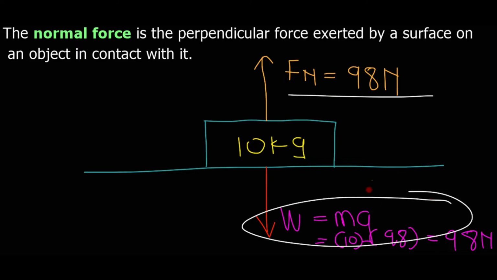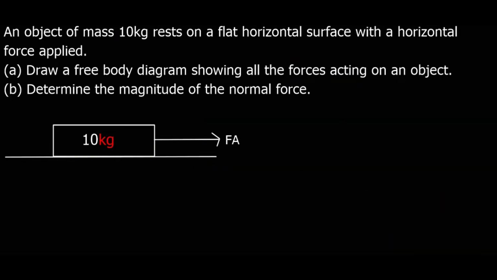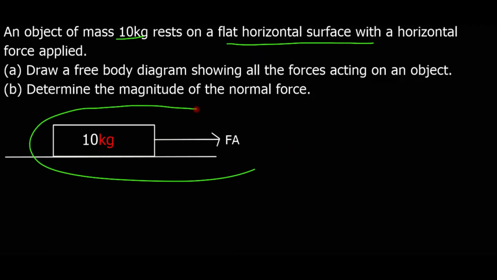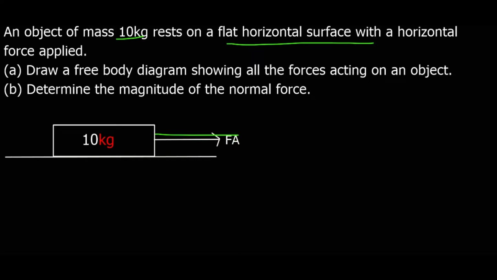Let's look at this example question: an object of mass 10 kilograms rests on a flat horizontal surface with a horizontal force applied. So an object is on the horizontal surface, it has a mass of 10 kilograms, and we push this object with a certain force.